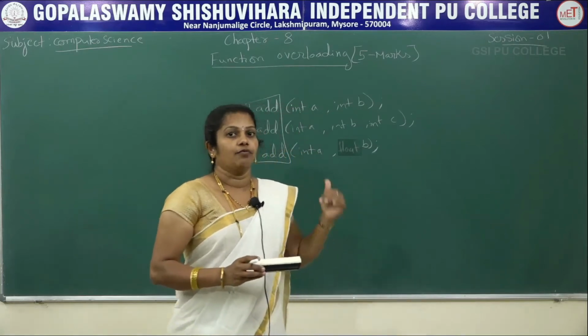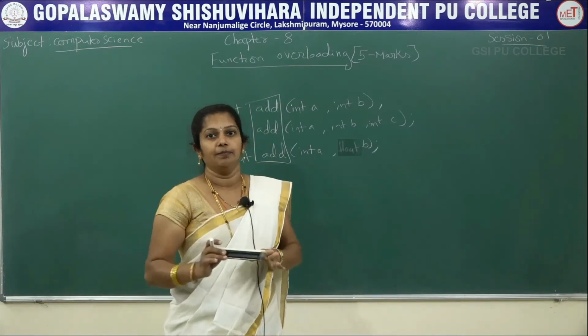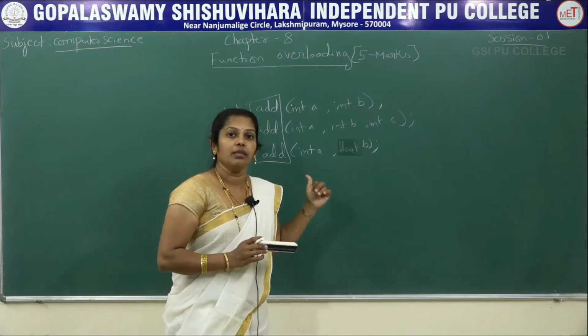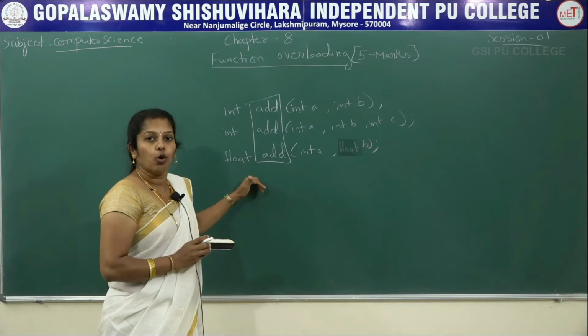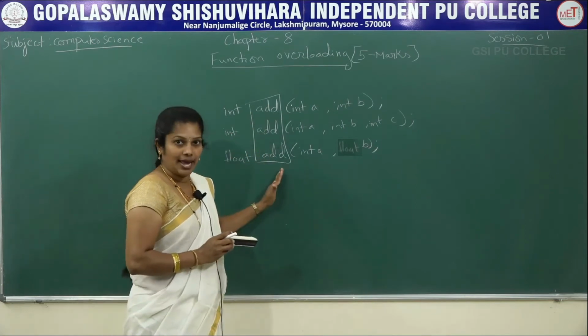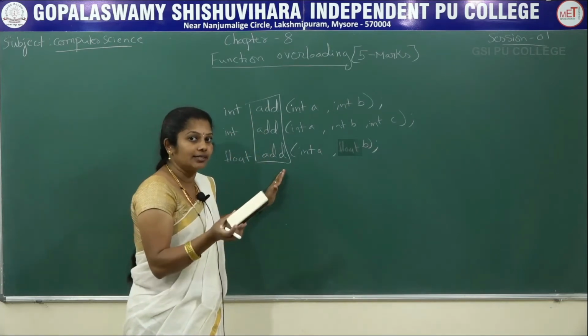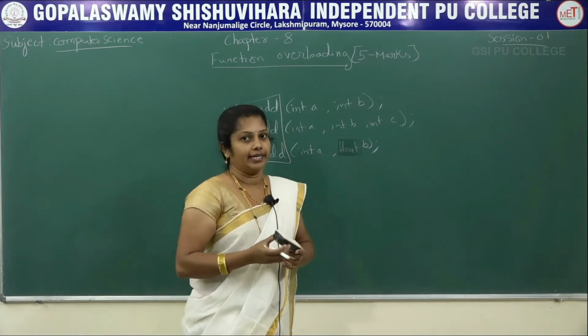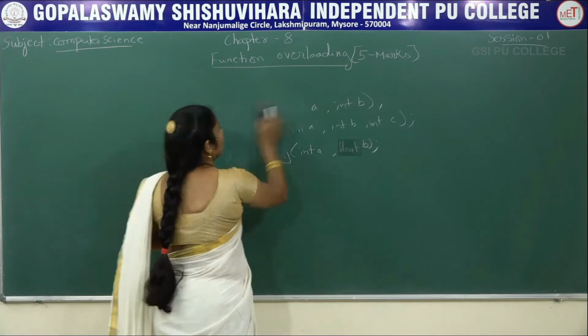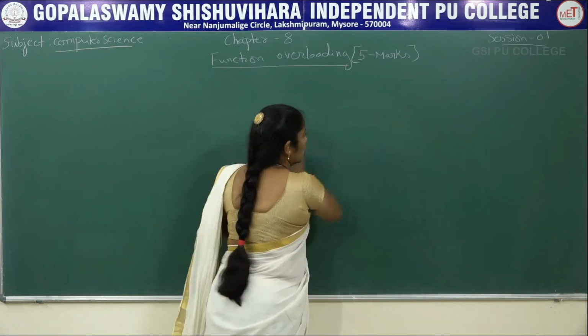In the lab program, if you have a function overloading program, then 100% the external examiner will ask, what do you mean by function overloading? Function overloading means 2 or more function names are the same but differ in the number of arguments or the data type of the arguments. This is nothing but function overloading.